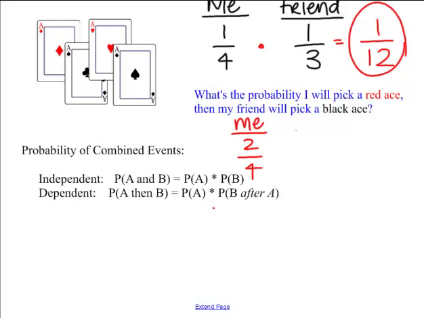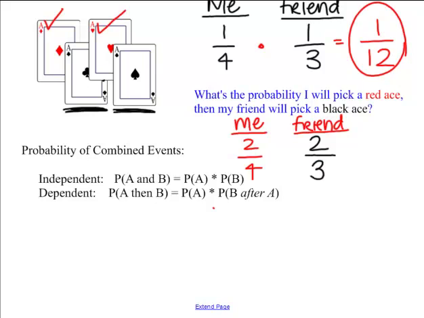And then I want my friend to pick a black one. So I picked either this one or this one. My friend has 2 options for black aces. The ace of spades and the ace of clubs. So there's still 2 options. But this time, remember, my friend only has 3 cards to choose from because I took 1 out.